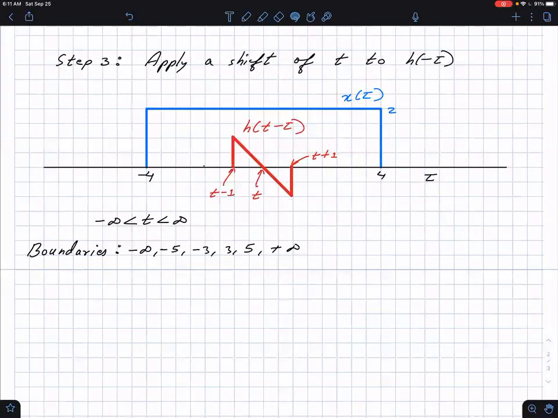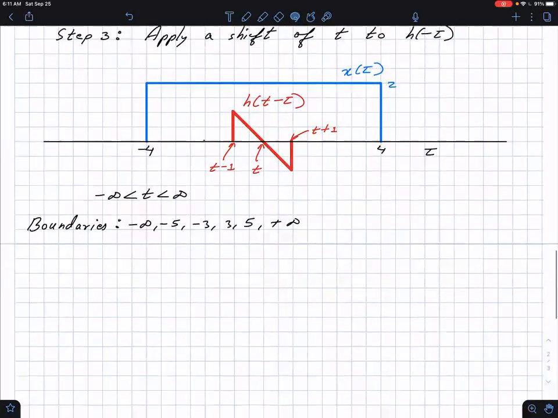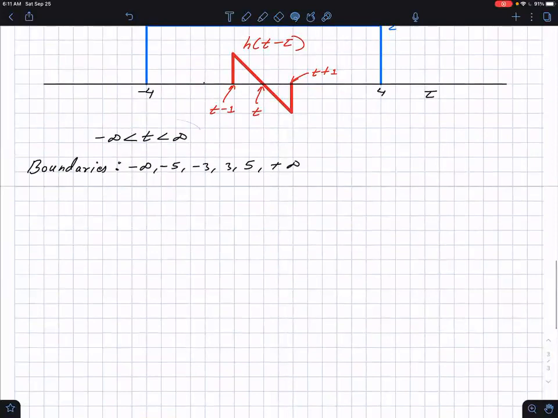So we saw that in different ranges of t, the interactions between the two functions are different. So based on that, we marked some important boundary values for t, and we always add negative infinity and plus infinity to our list of boundaries. And based on these boundaries, we're going to split the total range of t to several intervals, several regions.